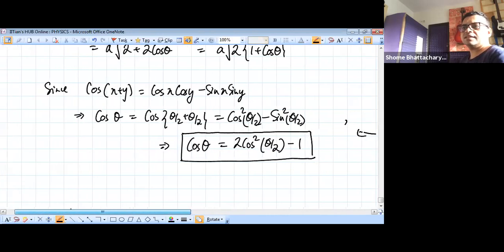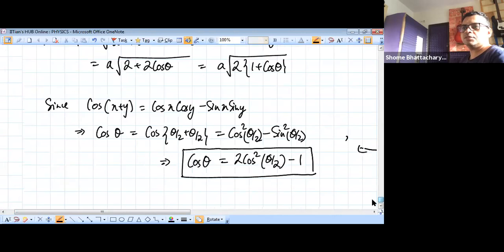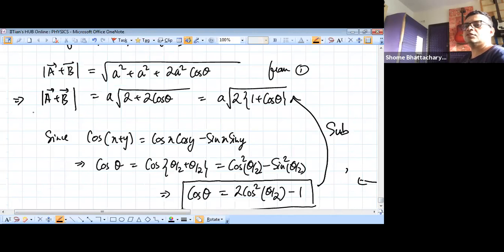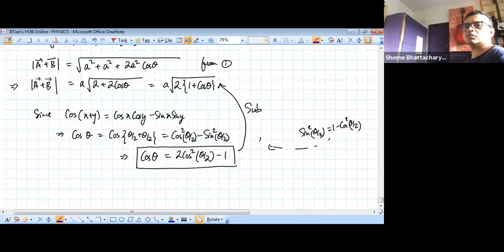But I am not using the exterior angle property here. Okay. So now substitute this over here. Okay. So this equation becomes this.